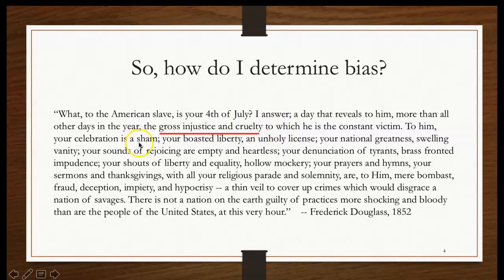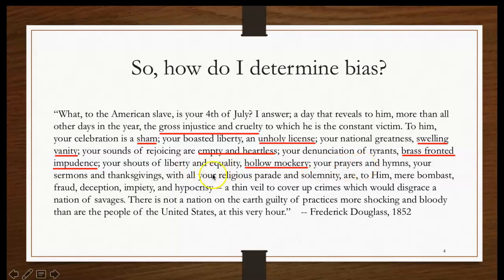To him, your celebration is a sham, your boasted liberty an unholy license, your national greatness swelling vanity. Your sounds of rejoicing are empty and heartless. Your denunciation of tyrants, brass-fronted impudence. Your shouts of liberty and equality, hollow mockery.